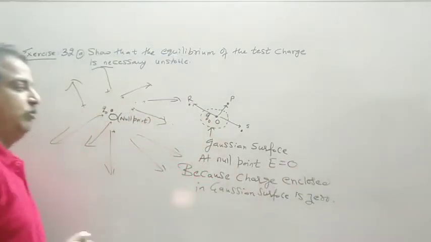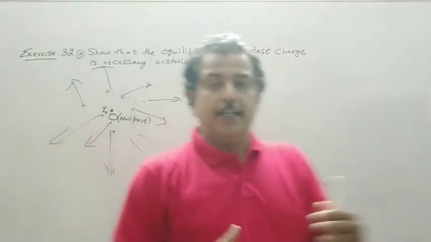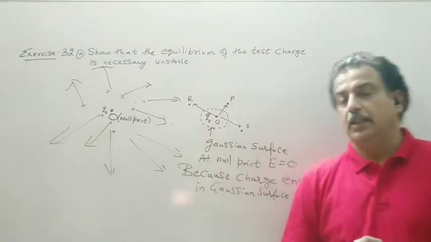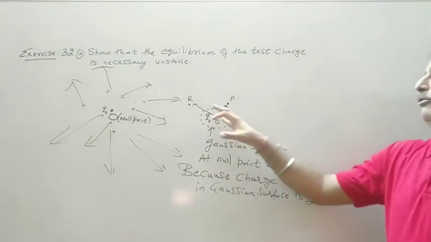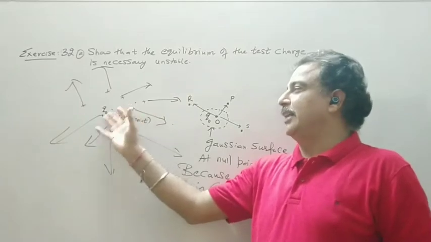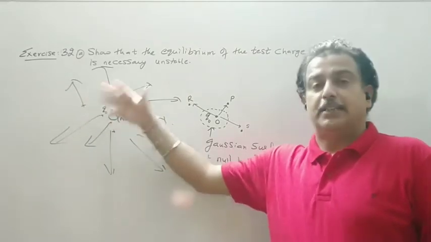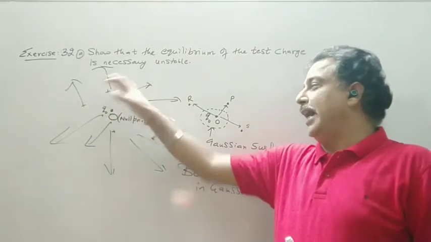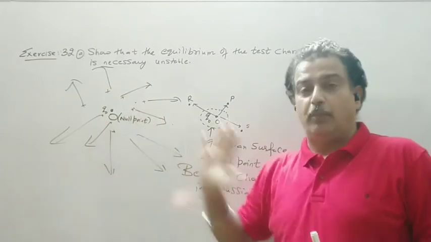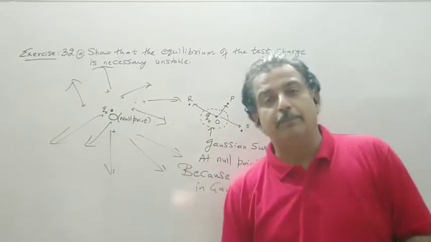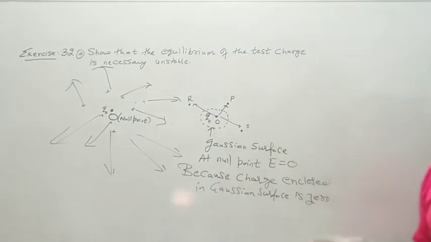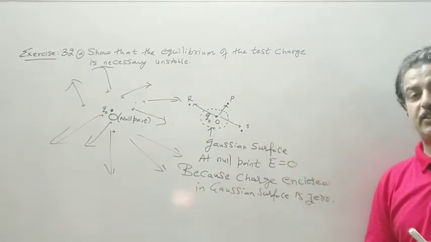So the test charge which is moved will move towards the electric field intensity which has a large magnitude. So if I move it anywhere except this null point, it will never come back to its original position. At the null point the electric field is 0.